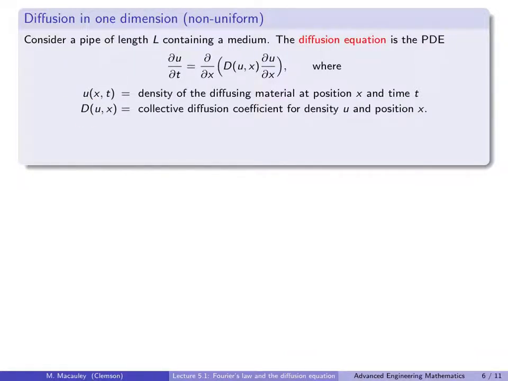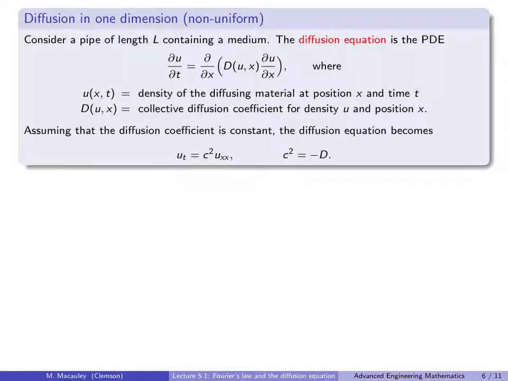And now capital D is called the collective diffusion coefficient, and that could depend on the density of the material and on the position. We're assuming it's not going to depend on time. We're assuming that at least the medium is not changing over time. If we assume that this diffusion coefficient is constant, then the diffusion equation reduces to what we saw before.